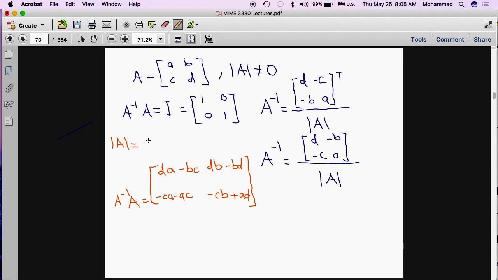It's A times D minus B times C. Look at the diagonal terms A and D, and the off diagonals are C and B. So multiply the first two, and subtract from it the second. So what we need to do is divide this matrix by A times D minus B times C.